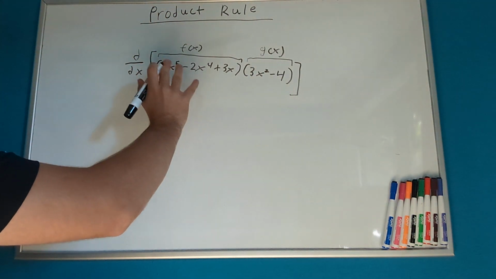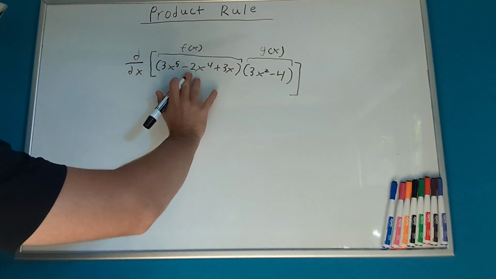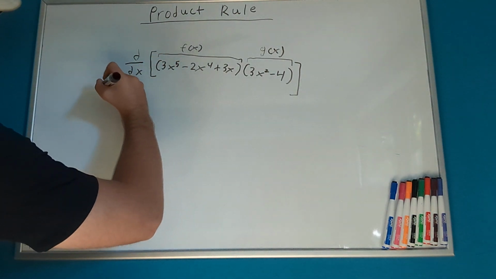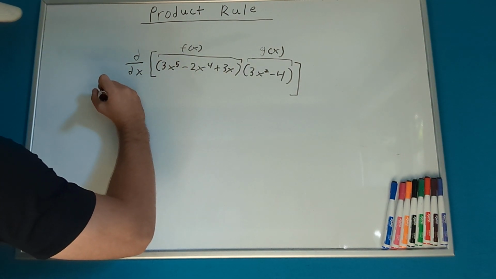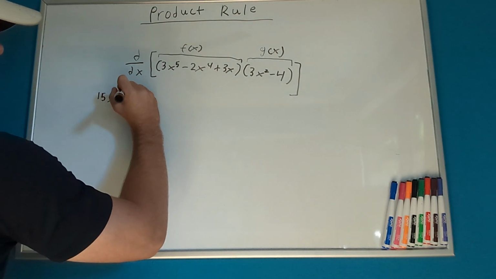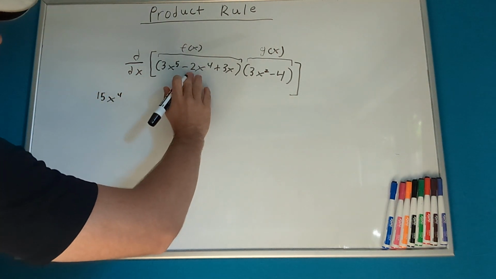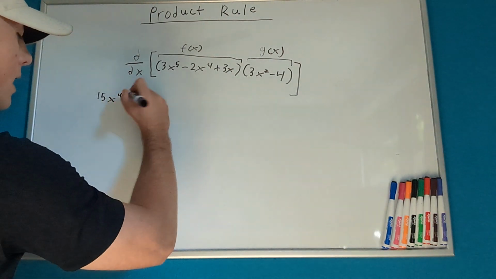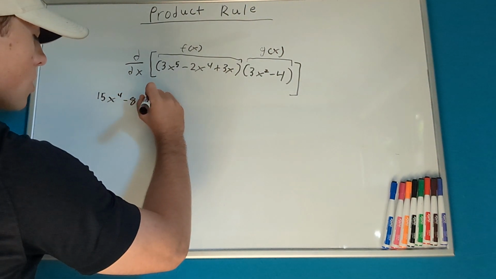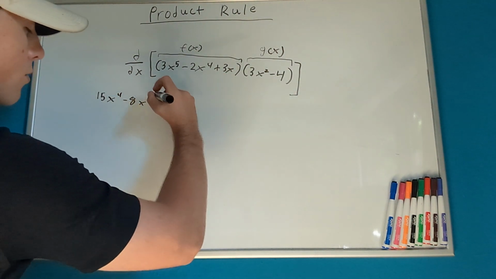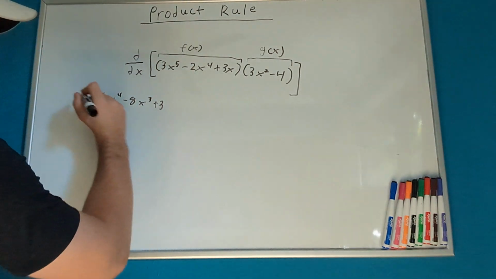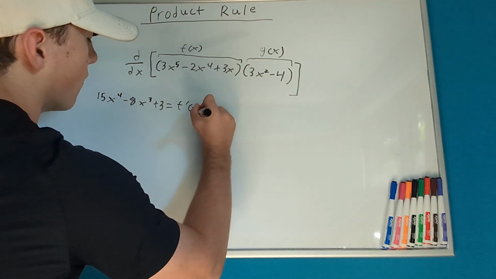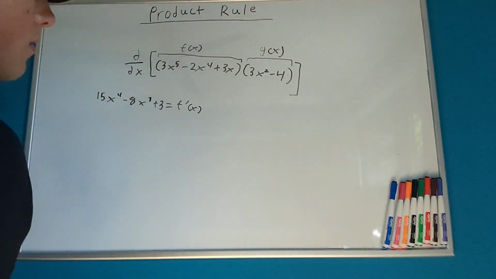So as we said before, we want to just find the derivative of this. Well, the derivative of 3x to the 5th is 15x to the 4th, right? The derivative of negative 2x to the 4th is negative 8x to the 3rd, and then the derivative of 3x is 3. So here, this whole thing equals f prime of x, which means the derivative of f of x.